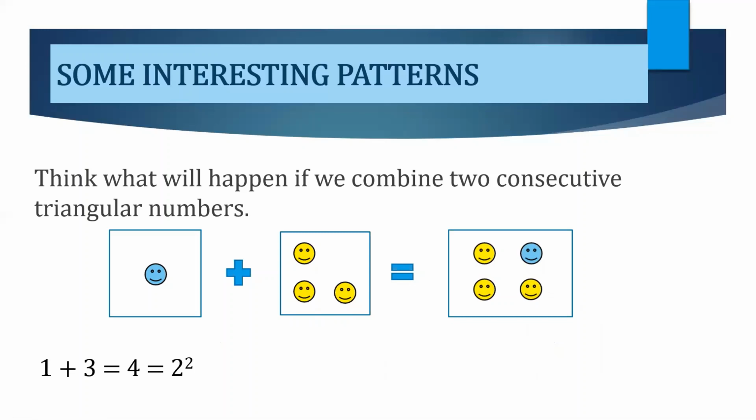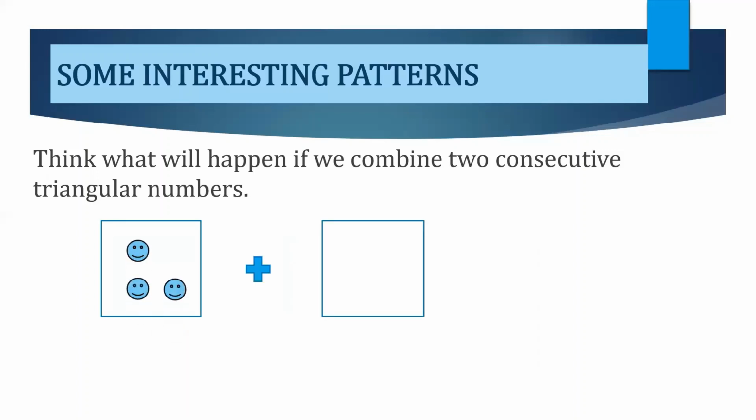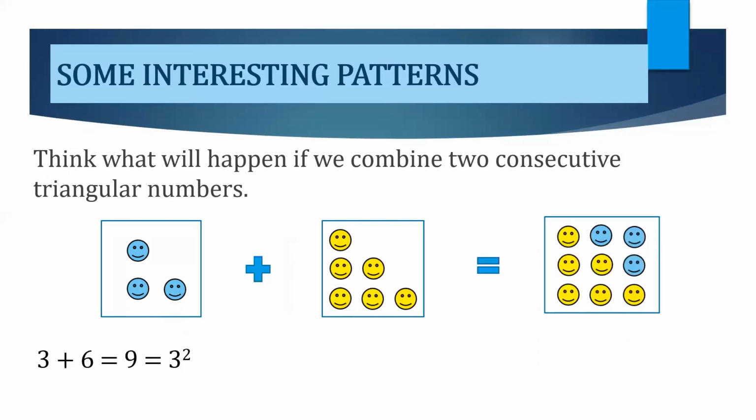So 1 plus 3 is equal to 4, which is the square of 2, because we know that 2 twos are 4. One more time, 3 plus 6 is equal to 9. So 9 is a perfect square number and it is the square of 3.